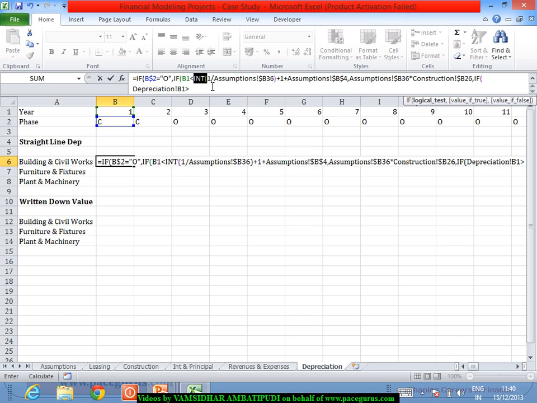Because we have three options coming out, if this is greater than this, what should I do? The depreciation should be shown as 0 itself. If it is greater than that particular value, the depreciation needs to be shown as 0, and otherwise the depreciation needs to be shown as the gap, which is nothing but the asset value.